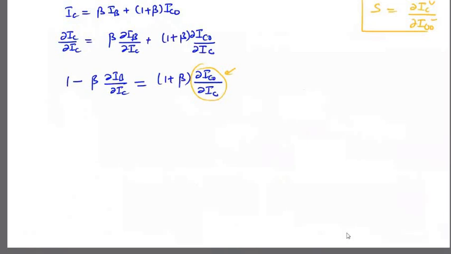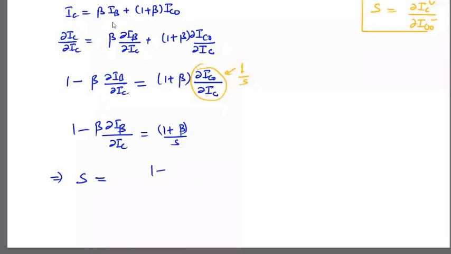Mathematically I can write the stability factor as del IC over del ICO, so this becomes 1 upon S. Again we can rewrite this equation: 1 minus beta del IB over del IC equals (1 plus beta) upon S, and here I can write the stability factor as 1 plus beta over 1 minus beta del IB over del IC.